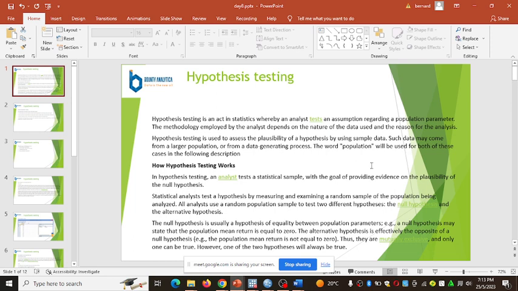For example, according to the first null hypothesis that we had up there, the alternative hypothesis would be the population mean return is not equal to 0. So if your sample data does not support your claim, then you make the conclusions based on the opposite of the null hypothesis, which is in this case the alternative hypothesis.